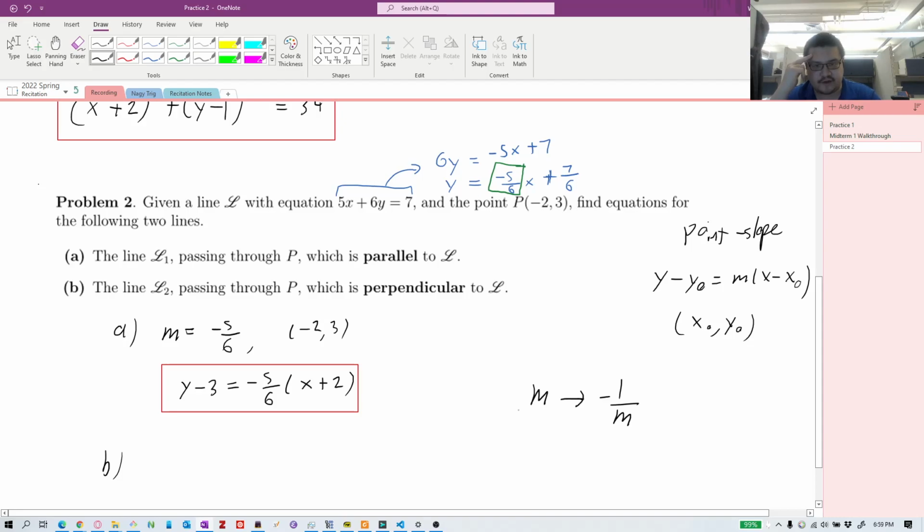So if your given line has slope m, then a line that is perpendicular to that given line is going to have a slope that is the negative reciprocal.